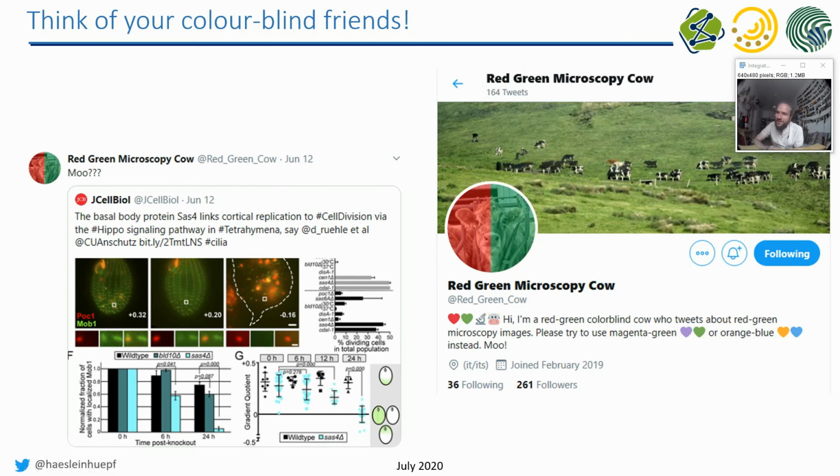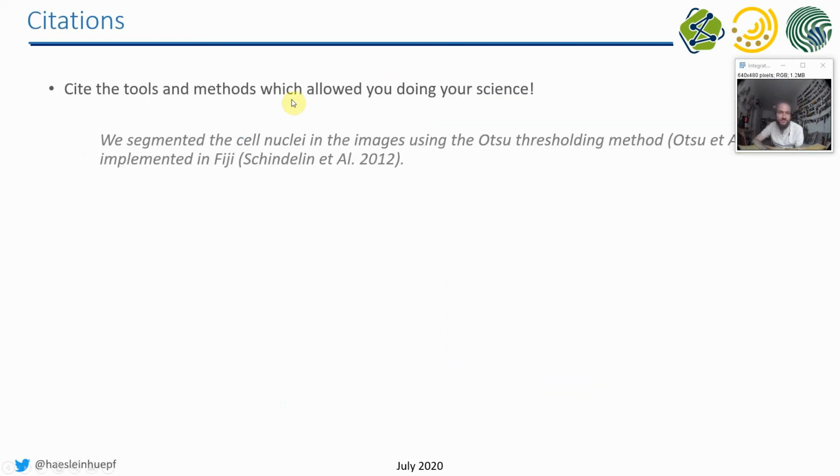I haven't figured out yet who is running it. But if you publish figures which are hard to interpret for a colorblind person, the red-green microscopy cow may mark this thing. You don't want this. Please make colorblind friendly figures.